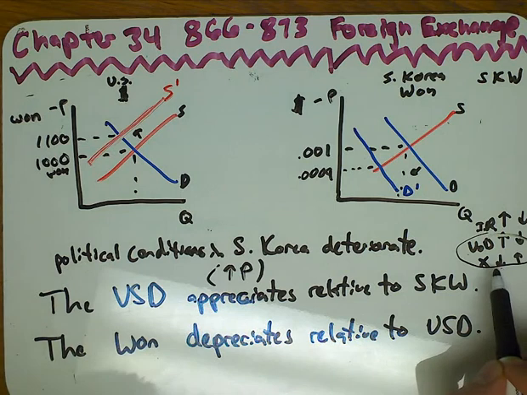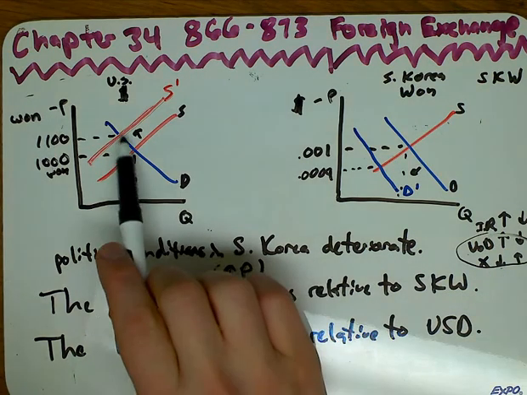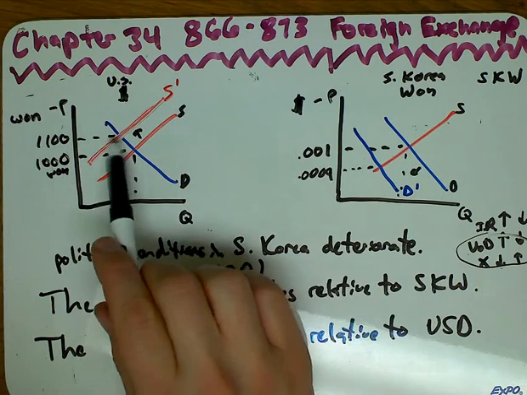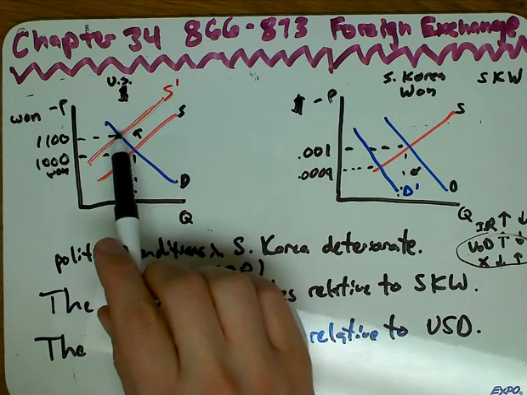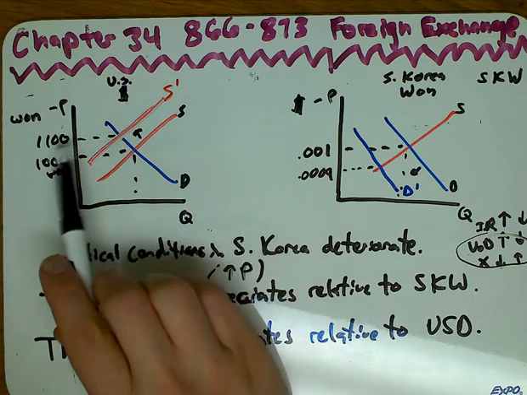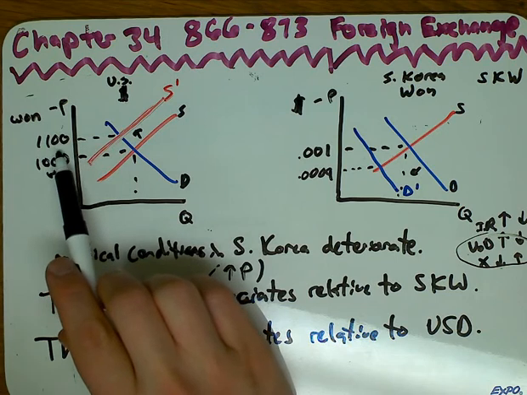Well, if it costs more won to get a dollar, South Koreans can buy less American-made goods, therefore exports goes down. I hope that makes sense to you. In addition, if you have dollars in the United States, you can get more won, therefore you will import more from South Korea. I hope that makes sense. And the opposite is true as well.